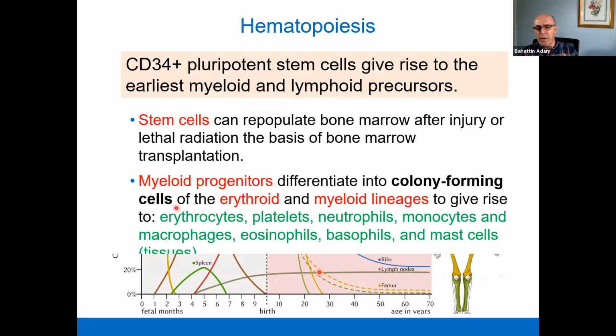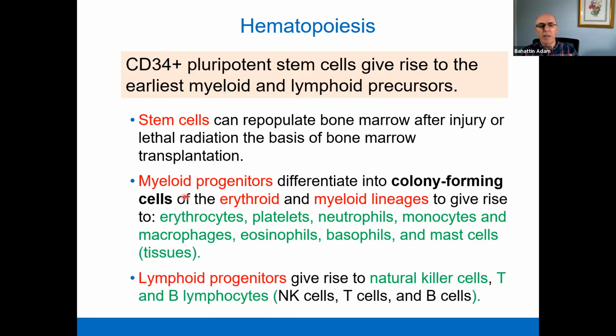Okay, myeloid progenitor. There are two progenitors, myeloid and lymphoid progenitors, and myeloid progenitors differentiate into colony-forming cells of the erythroid lineage, which produce erythrocytes, and the myeloid lineage, which produces platelets, monocytes, macrophages, eosinophils, basophils, and mast cells.